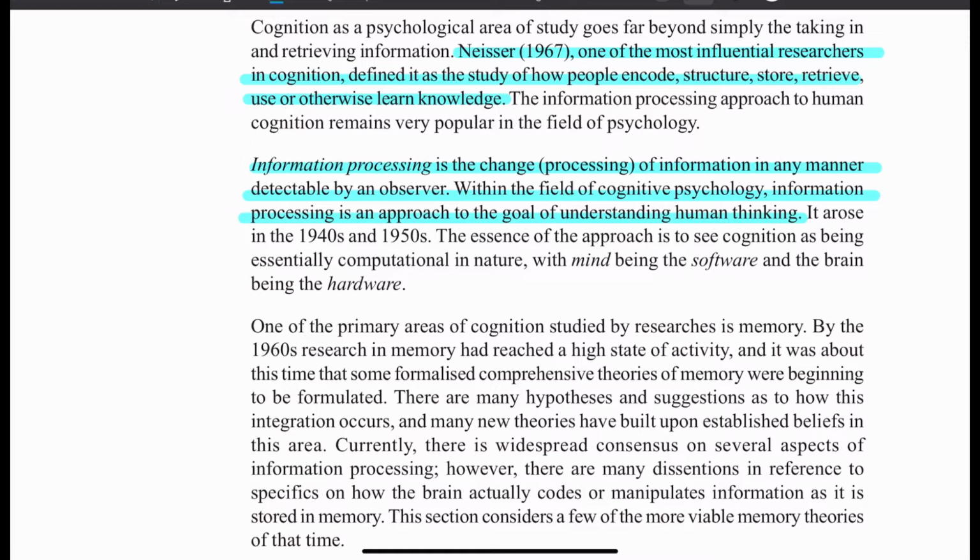After the invention of the computer, you can compare human information processing to a computer, where your mind, that is your thought, or how you process information, is software, and your brain is hardware. So there is a difference between mind and brain.